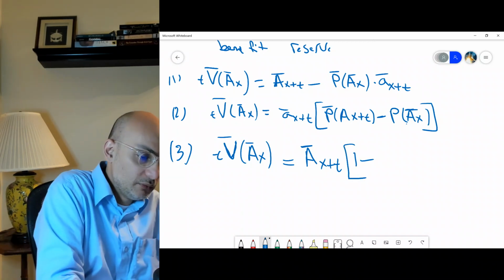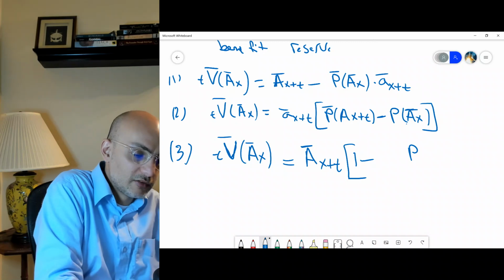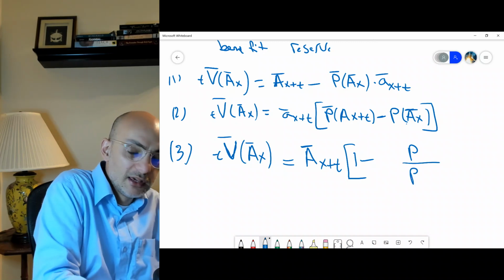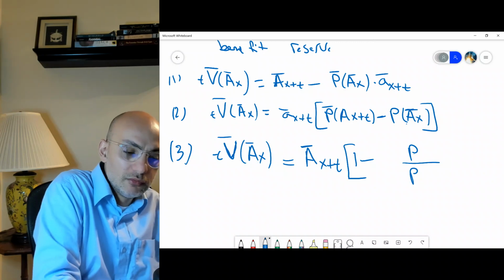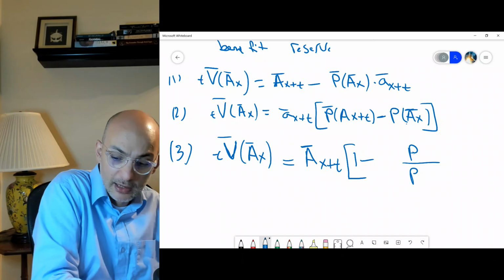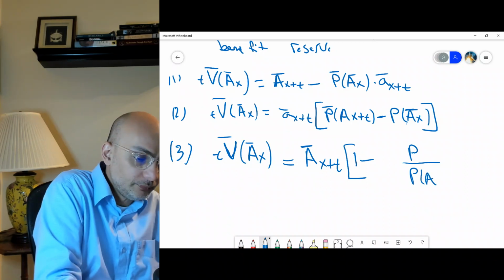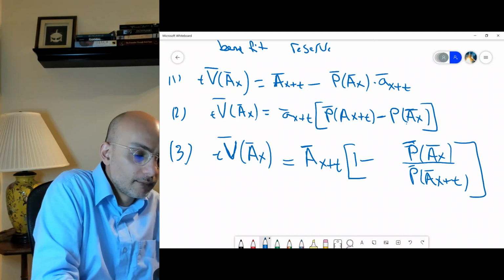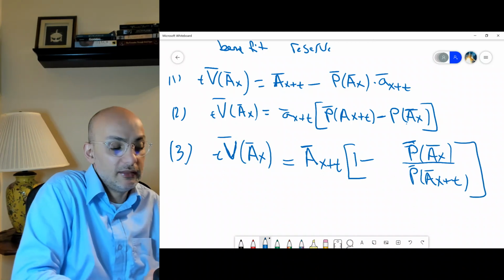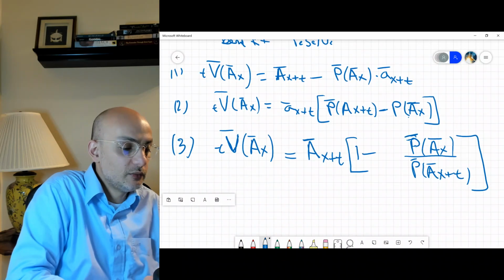You are left with the premiums, and remember, one is smaller, one is bigger. The bigger goes to the denominator, so it will be a fraction. If the bigger goes to the numerator, then it will become negative, and we don't want it to be negative. So you take the bigger one here and the smaller one here. But this one you multiply by Ax+t, right? So you see what we are doing now.